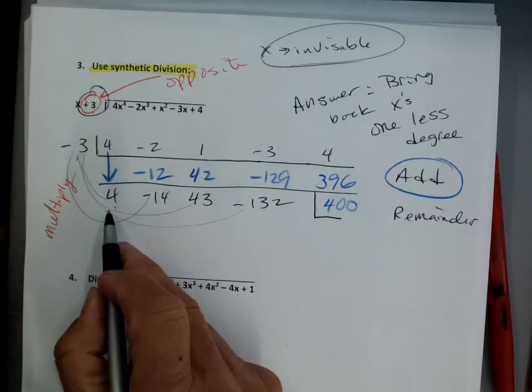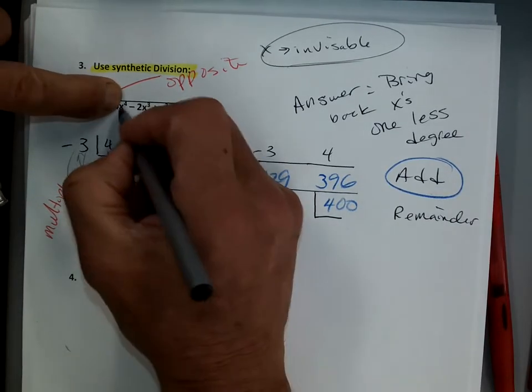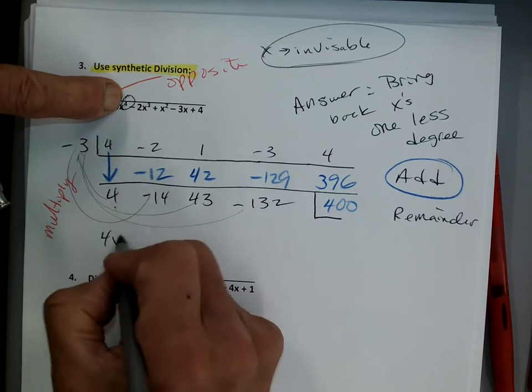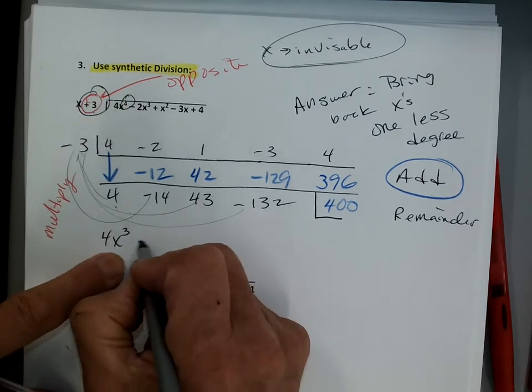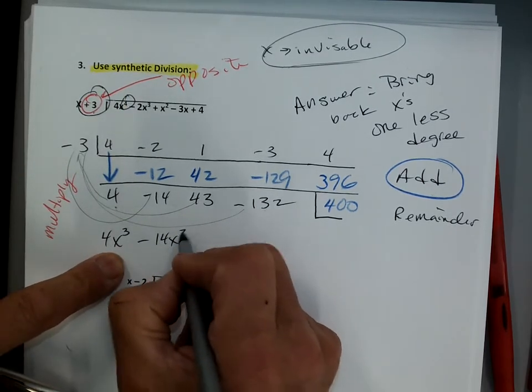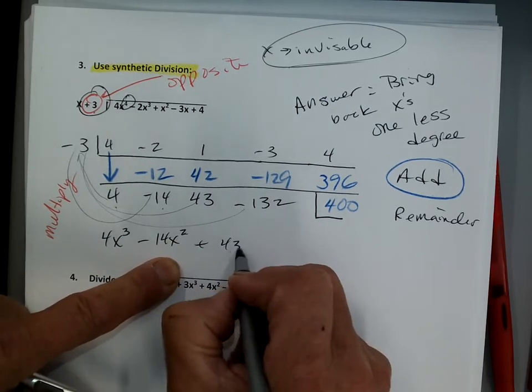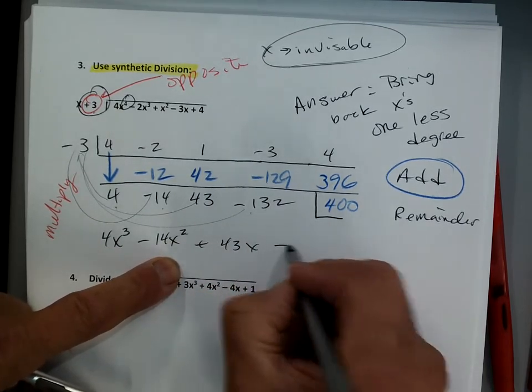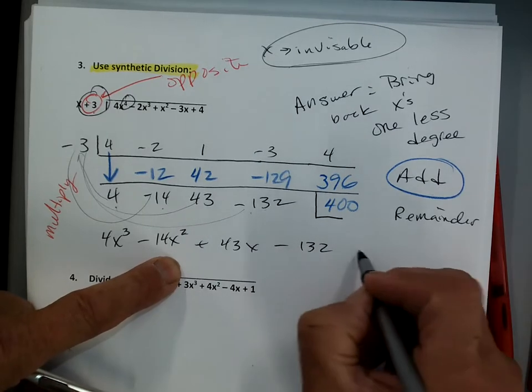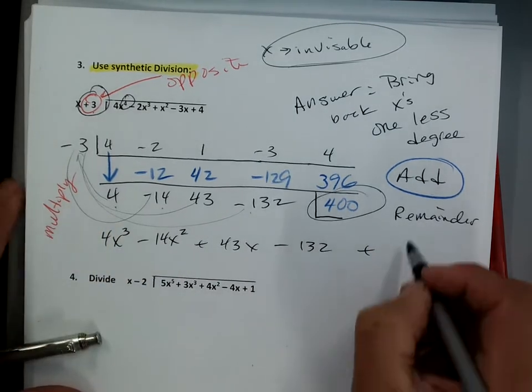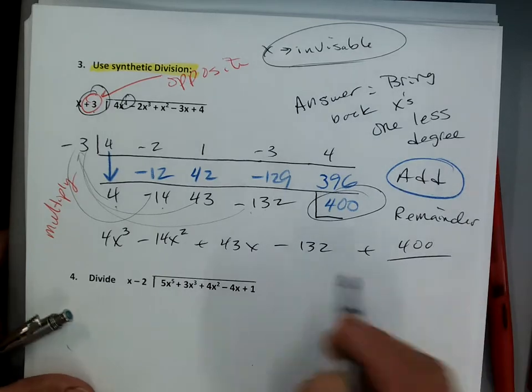So this is not going to be a 4x to the 4th. It's going to be a 4x cubed minus a 14x squared plus a 43x minus 132 plus, now this remainder, plus 400 over, well, what did I divide by?